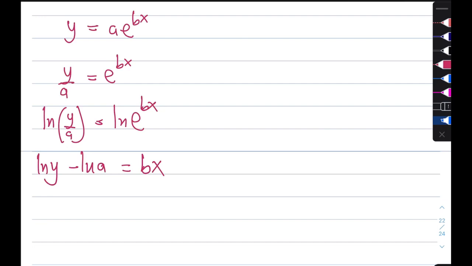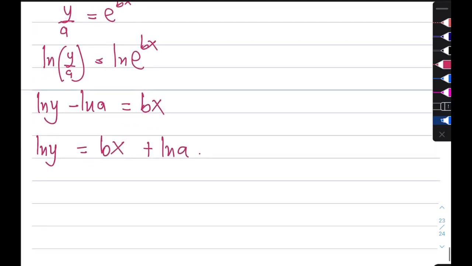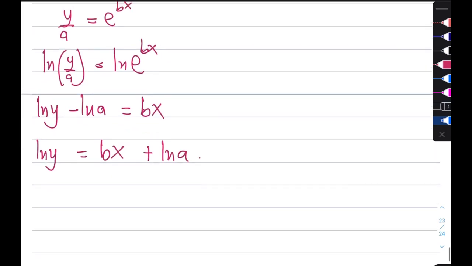Then you can move this particular thing to the other side. So you have ln y is equal to bx plus ln a. Well, we were told that a and b are constants, so that makes this thing a constant. Okay, this whole thing, ln a is a constant.